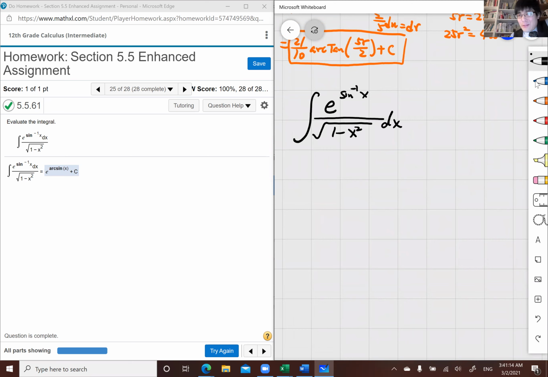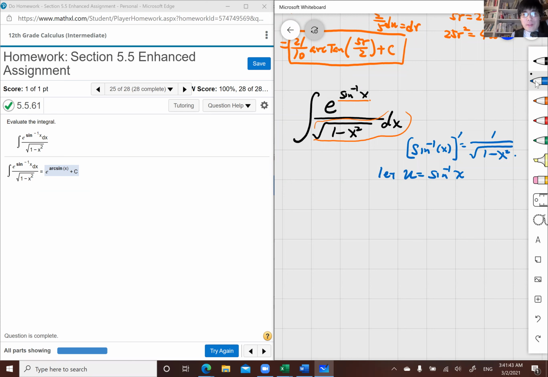Looks very complicated. Let's review some formulas. The derivative of the inverse sine function is 1 over the square root of 1 minus x squared. Do you see? So the derivative of this part is here. How convenient here again. So let u be equal to the inside of the exponential function.